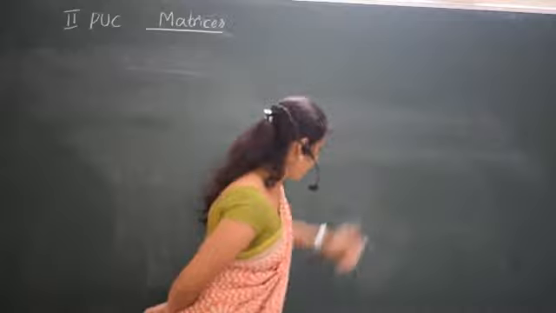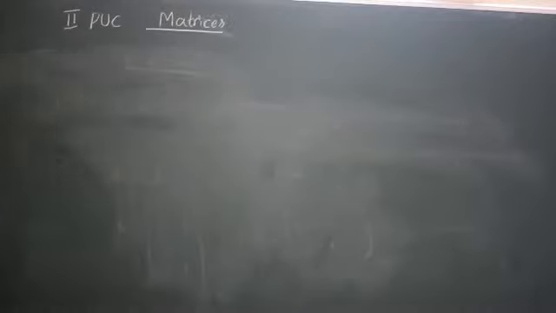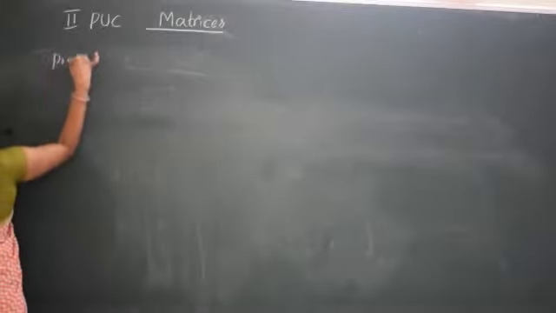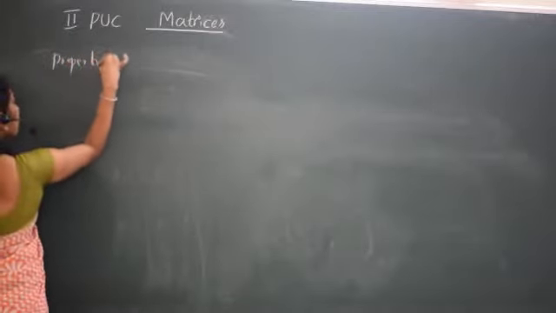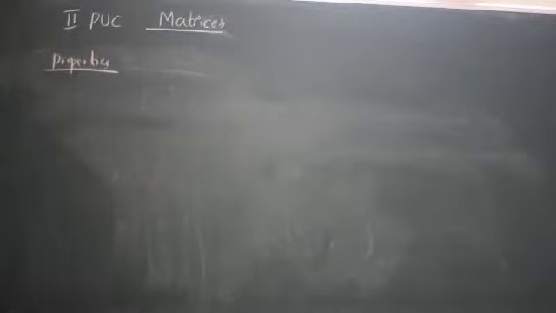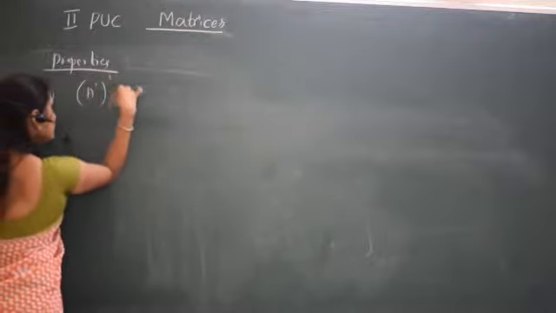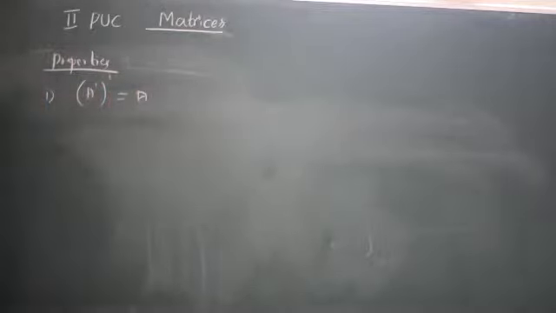So the first property: A transpose whole transpose is equal to A. If you take the transpose once, rows and columns change, and if you do it again, we get the given matrix itself.